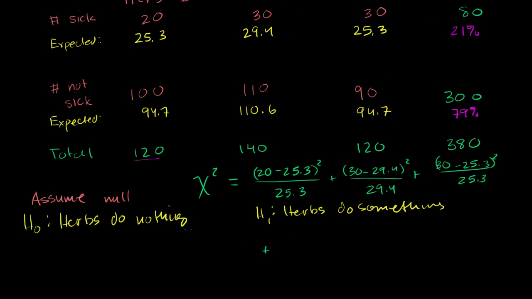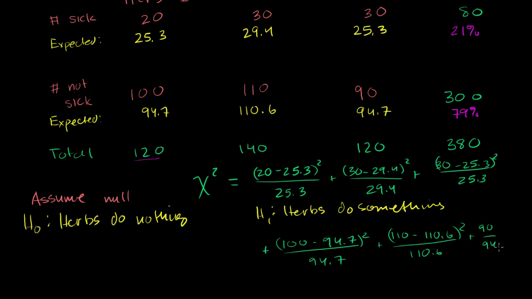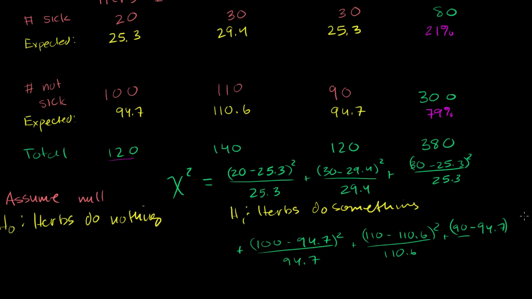So plus 100 minus 94.7 squared over 94.7, plus, I think you see where this is going, 110 minus 110.6 squared over 110.6. And then finally, plus 90 minus 94.7 squared, all of that over 94.7.